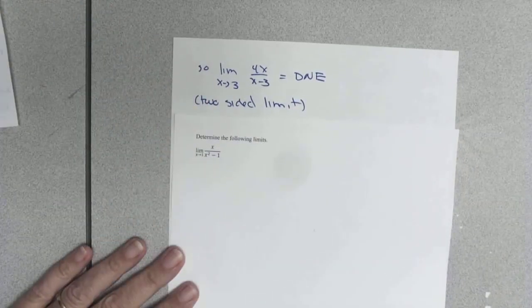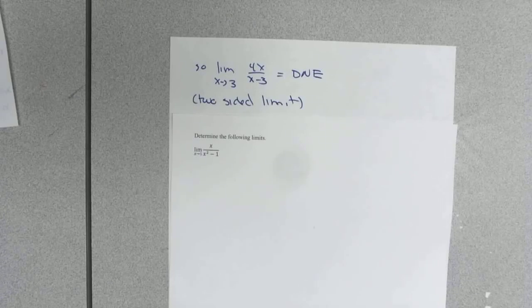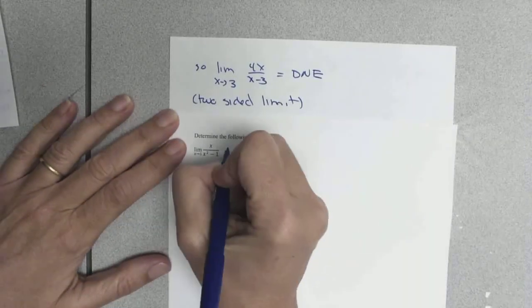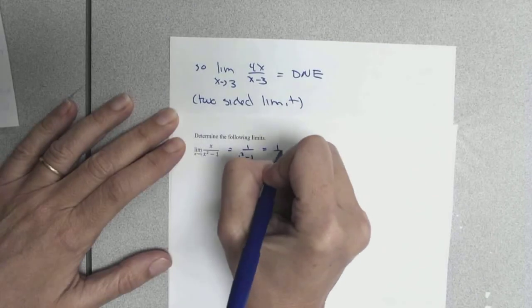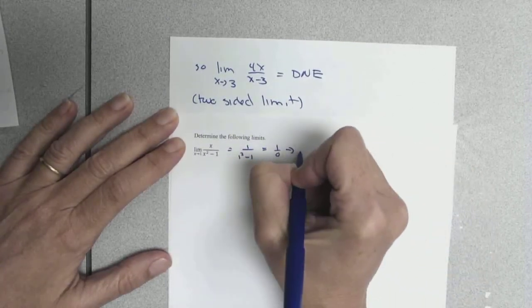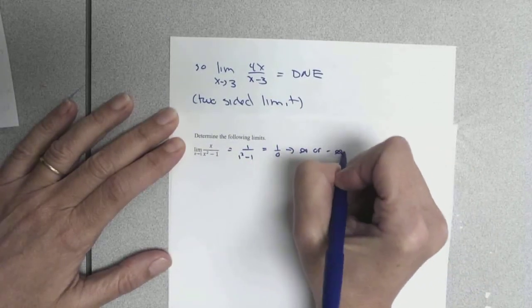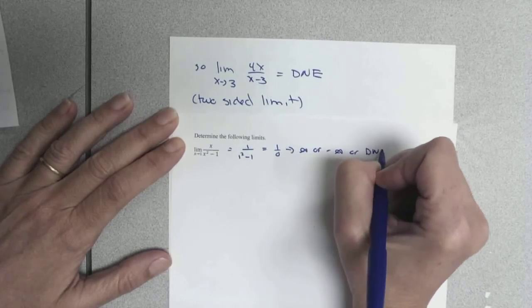Determine the limits. So, limit as x approaches 1 of x over x squared minus 1. Start by substitution. I'm going to have 1 squared minus 1, that's going to be 1 over 0, which immediately tells me it's infinity, negative infinity, or does not exist.